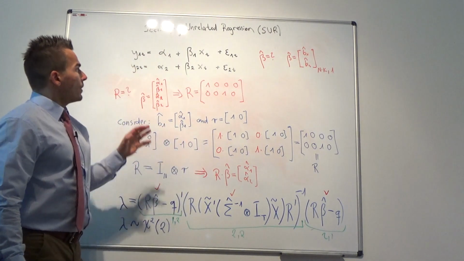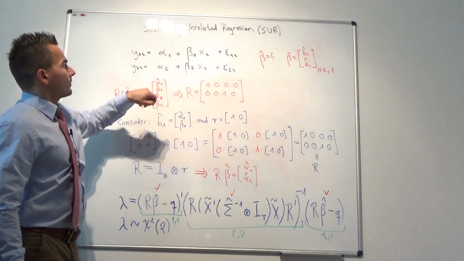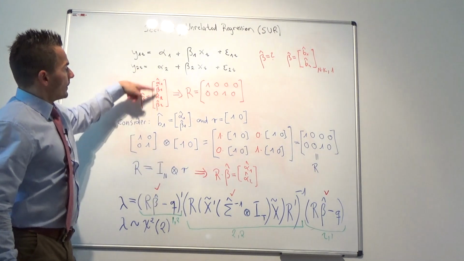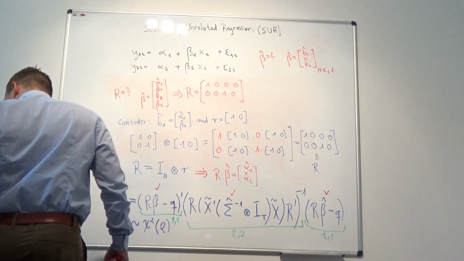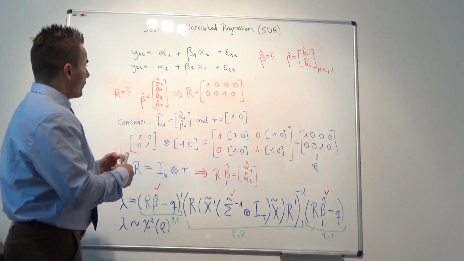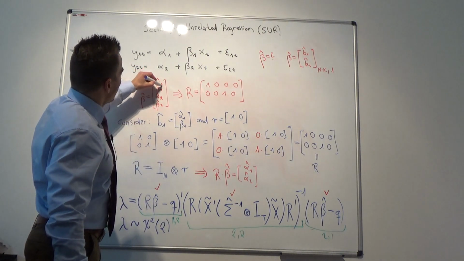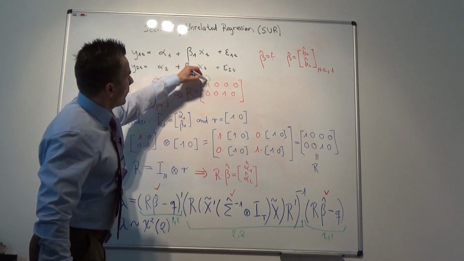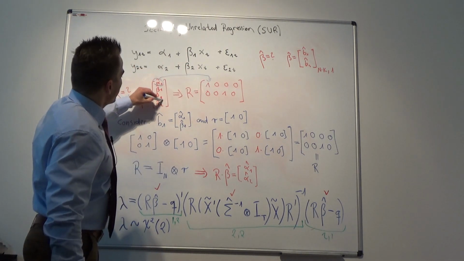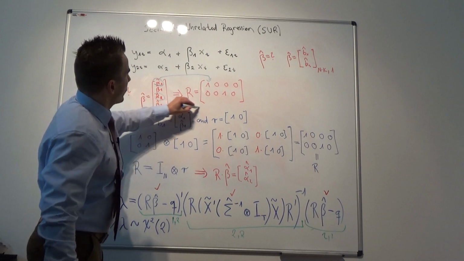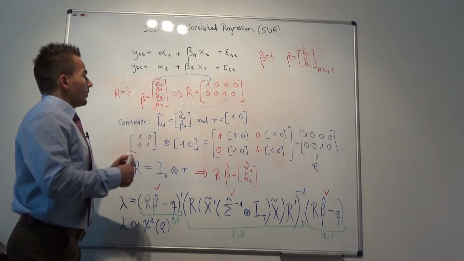So as of now, we're interested in the intercept terms. And in our 4 by 1 vector, it's obviously the first element here, and it is the third element here. Yeah.